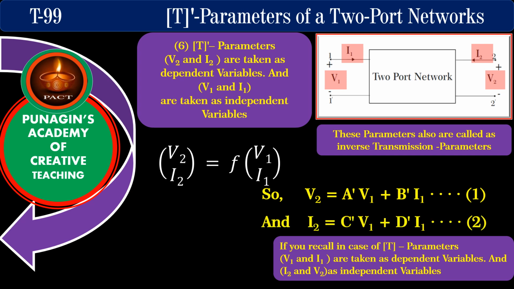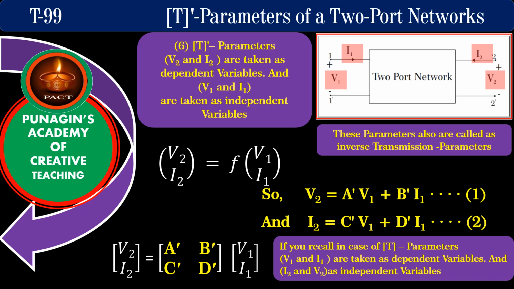Similarly, I2 is equal to C prime V1 plus D prime I1. These two equations 1 and 2 are written in the form of a matrix, and this 2 by 2 matrix is called the inverse T parameters or inverse transmission parameters.